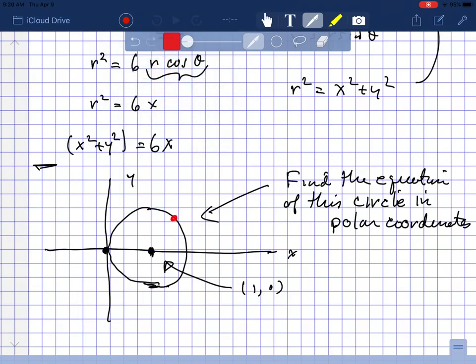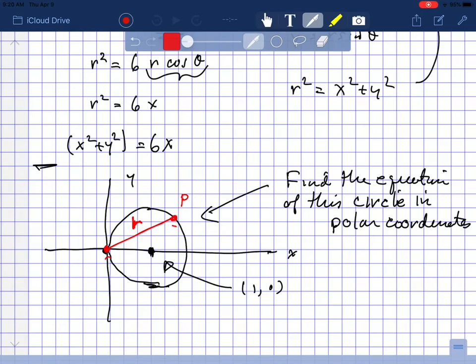So I'm going to take an arbitrary point P on the circle I'm interested in. I'm going to connect P to the origin. Since we're dealing with polar coordinates, the distance between P and the origin, I'm calling that r. So this distance from here to here, that's r.